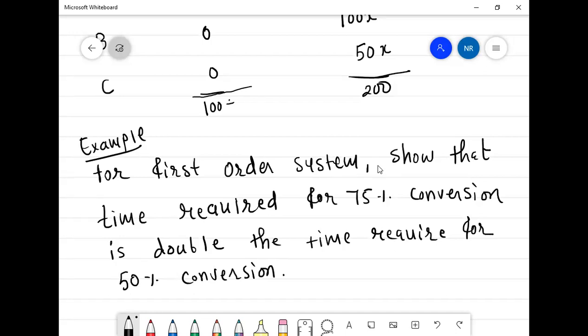We have to show, we have to derive. What we have to derive? We have to derive that the time required for 75% conversion is double the time required for 50% conversion.